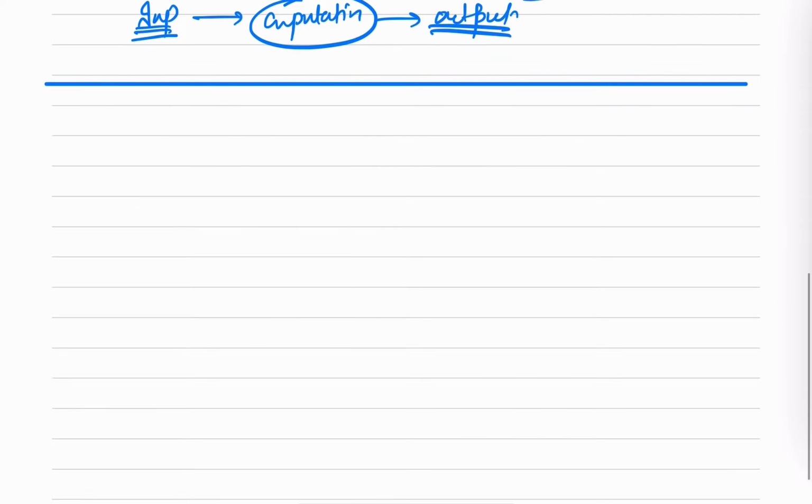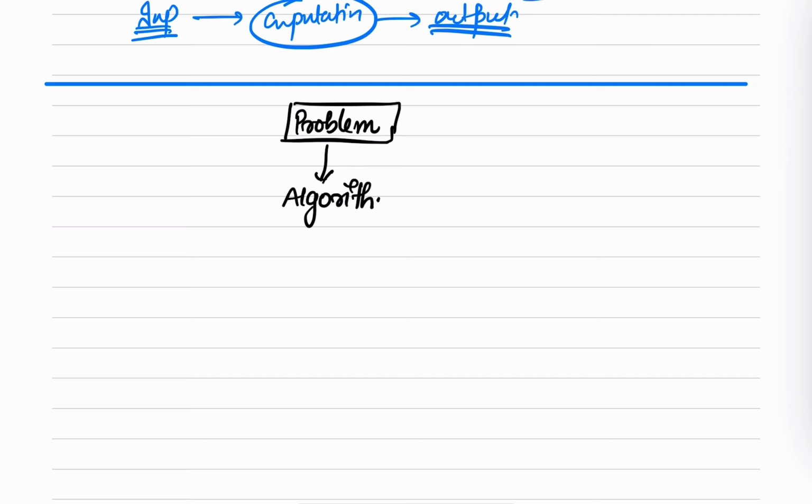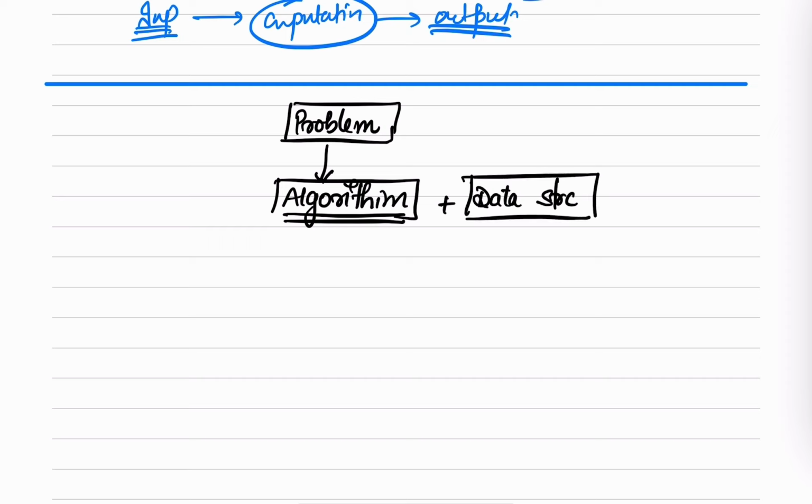Whenever any problem exists, we can solve it with the help of algorithms. Now those algorithms are not complete if you have nothing to store values in, and that is the data structure. This is a very basic notion of algorithm.